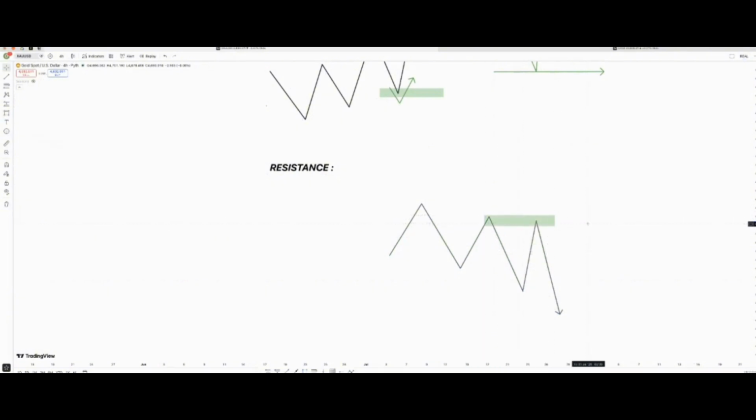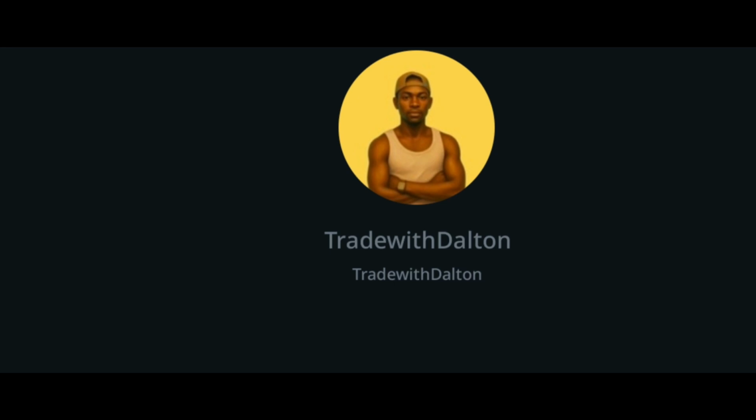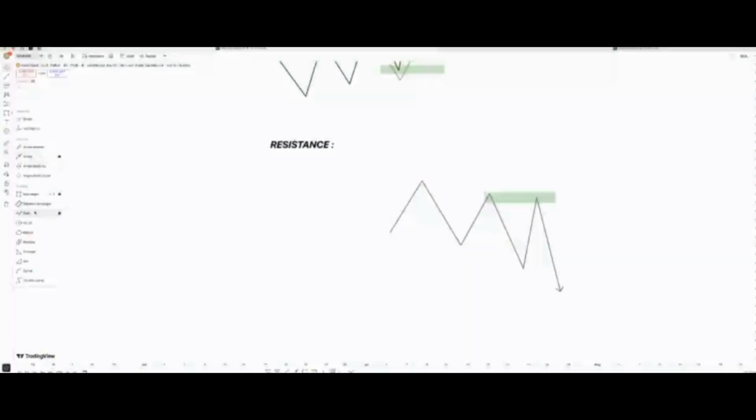A perfect way to demonstrate what a resistance zone is, is to throw a ball to the ceiling of your house. You will notice that immediately the ball gets to your ceiling, the ceiling stops the ball from rising, and the force from the ball makes it react downwards.